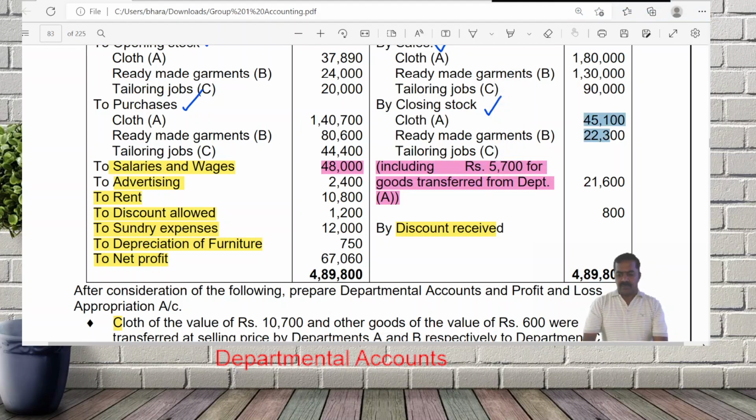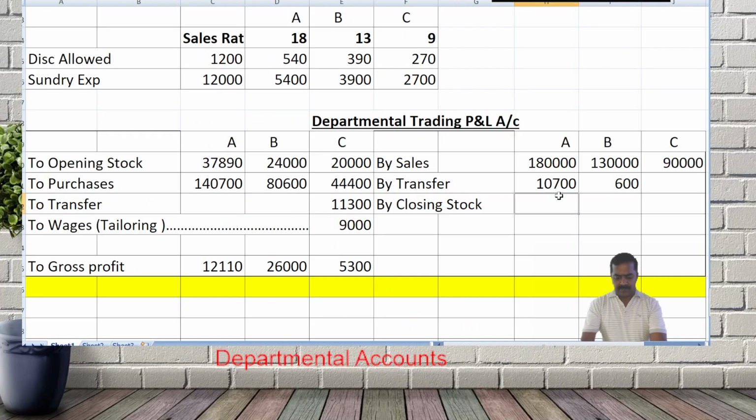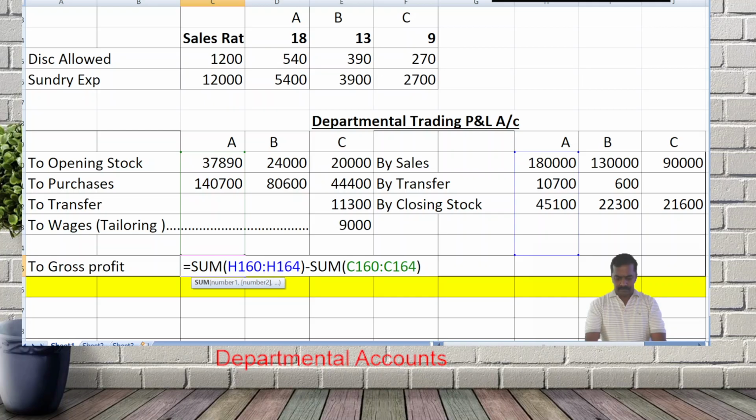So 4,500, 22,300 and 21,600. That's all here.